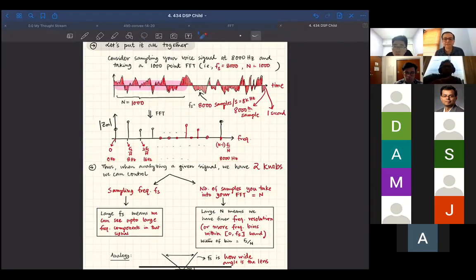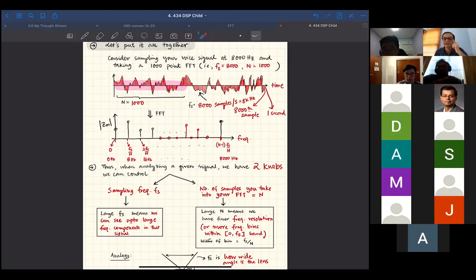Because remember, we said that the basis of that frequency space is F0, F1, F2, F3, all the way till F n-1. So these values are not samples. There are n such values, but they are not the samples.